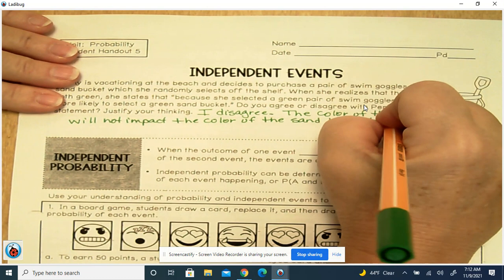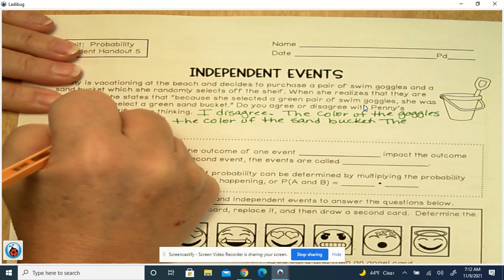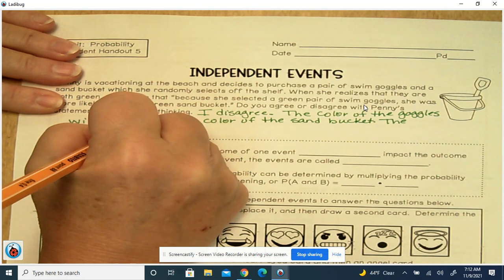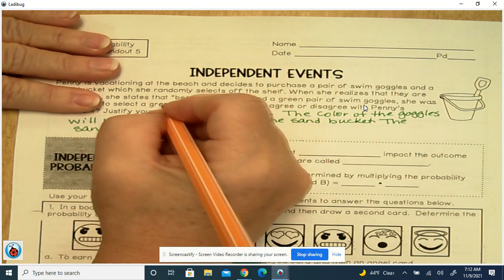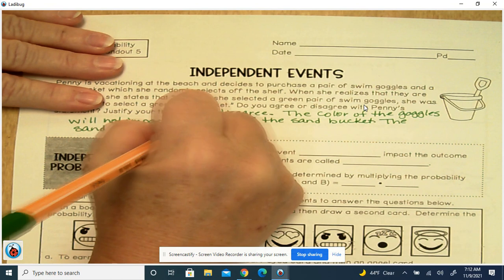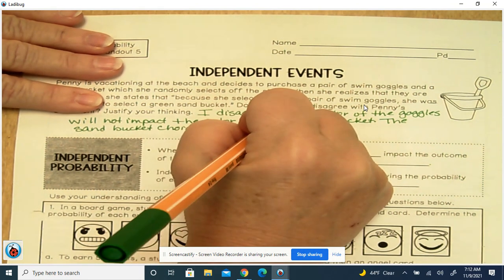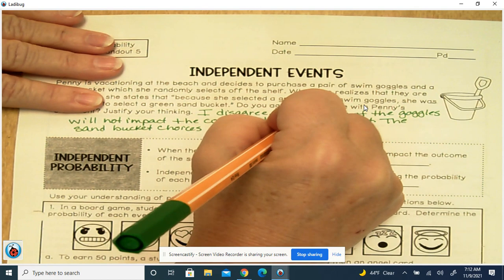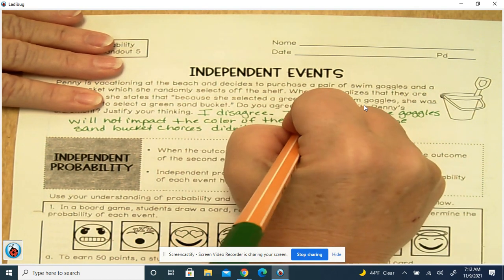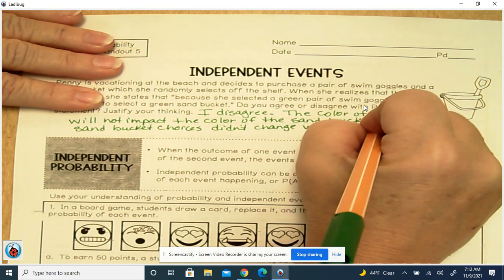The sand bucket's choices didn't change when a pair of goggles were selected.